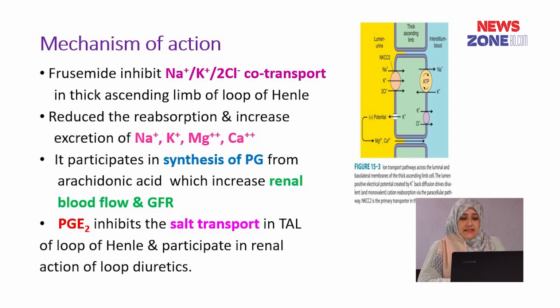Now, the mechanism of action. Furosemide inhibits the transporter called the sodium, potassium and chloride transporter in the thick ascending limb of the loop of Henle and reduces the reabsorption and increases the excretion of sodium, potassium, magnesium, calcium, etc. It also participates in the synthesis of prostaglandin from arachidonic acid metabolism, which increases the renal blood flow and glomerular filtration rate, and prostaglandin E2 inhibits salt transport in the thick ascending limb of the loop of Henle and participates in the renal action of the loop diuretics.